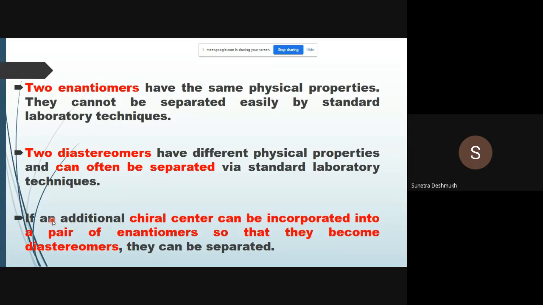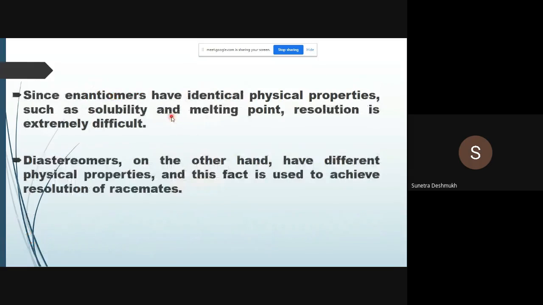An additional chiral center can be incorporated into a pair of enantiomers, so they become diastereomers. So simply, we can convert enantiomers to diastereomers.